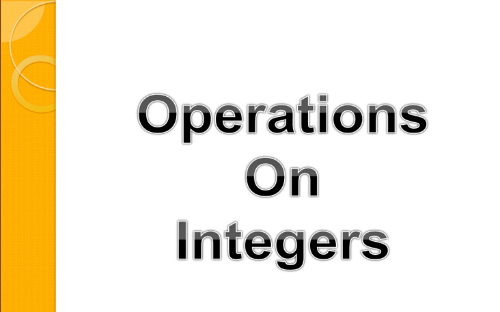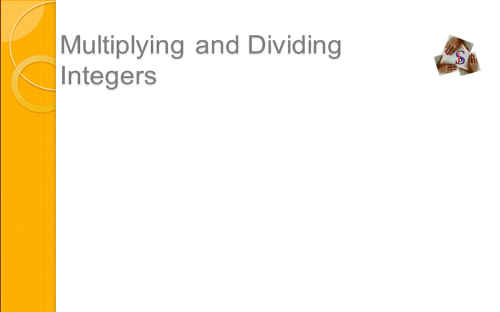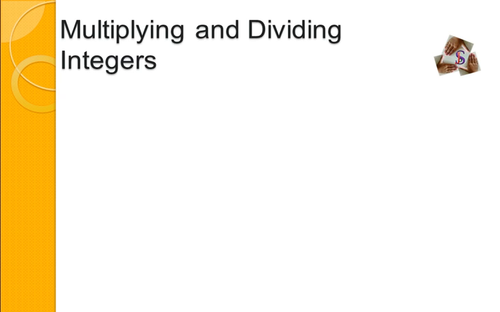Now, let us try to understand how we perform various operations on integers. That is, how to add, subtract, multiply, and divide integers. Let me begin my explanation by illustrating simple steps to multiply and divide integers. Step 1.